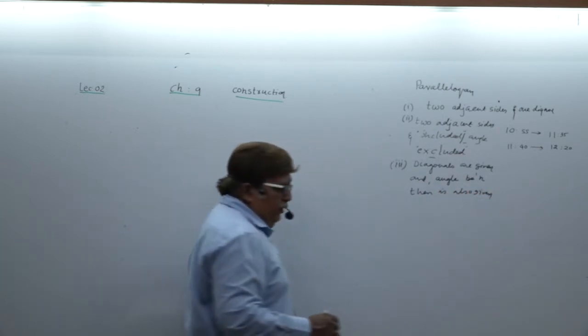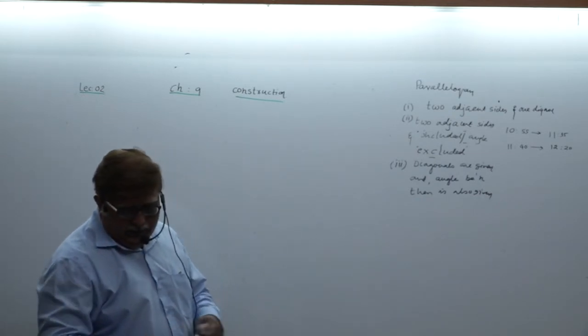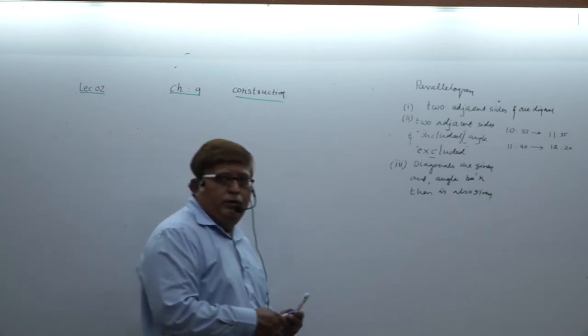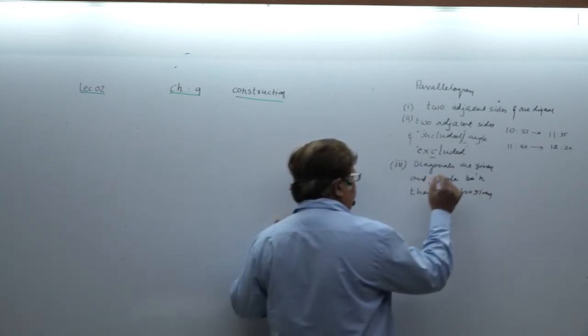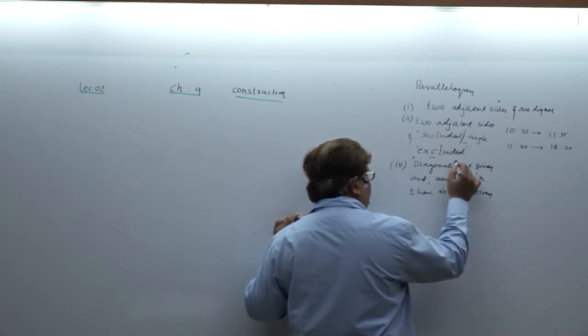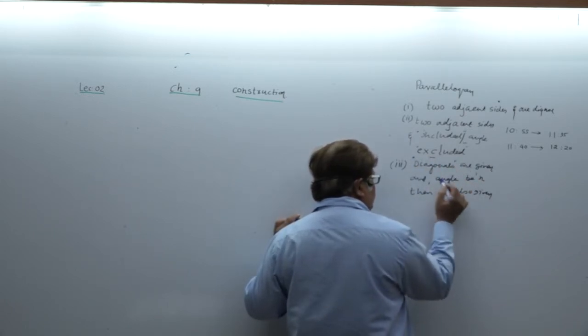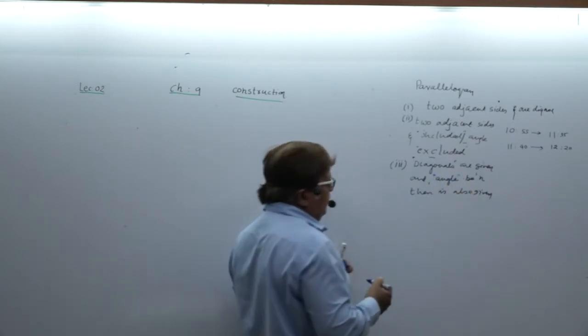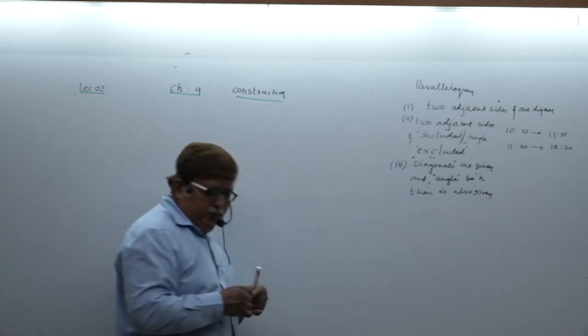This is very important that you are going to take construction of parallelogram in which diagonals are given, not only that, but the angle between the diagonals is also given.